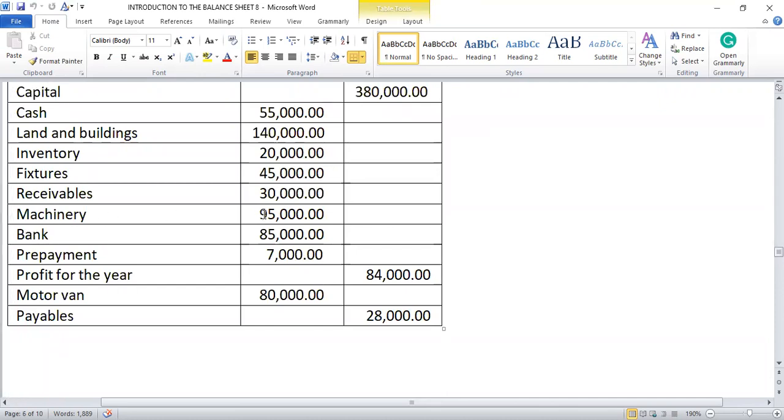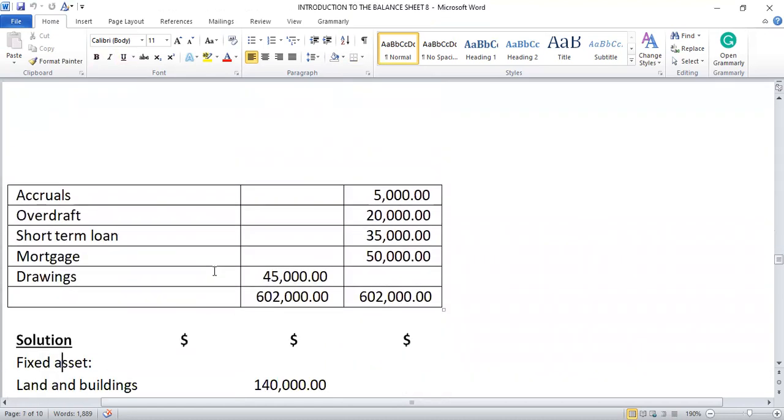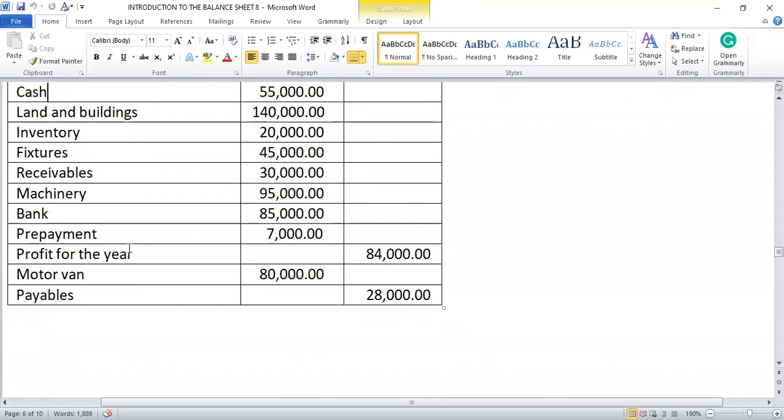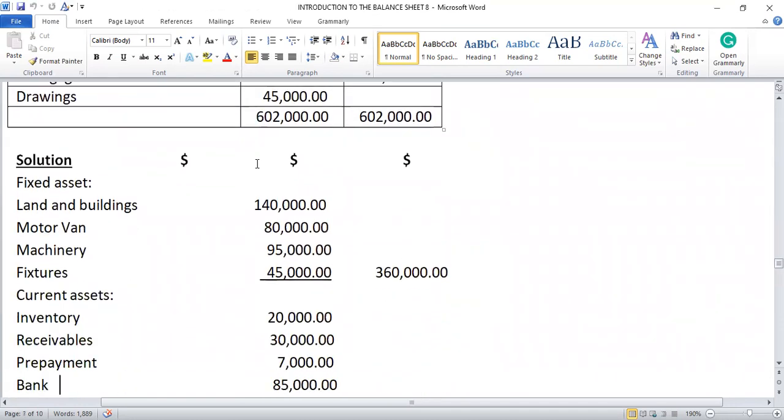Machinery, $95,000. Then we have our fixtures, $45,000. So we sum up all the fixed assets and we have $360,000.